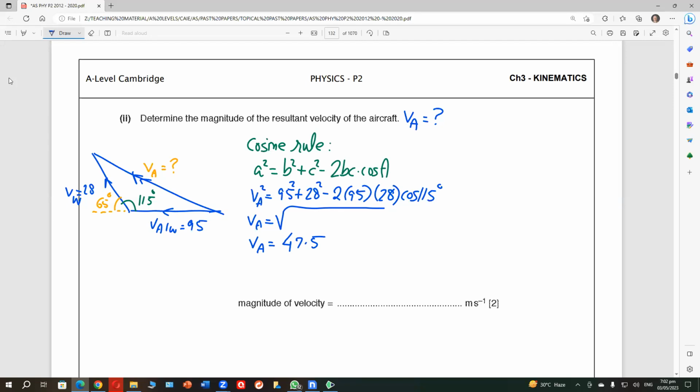You have to check it now because it should be more than 95.